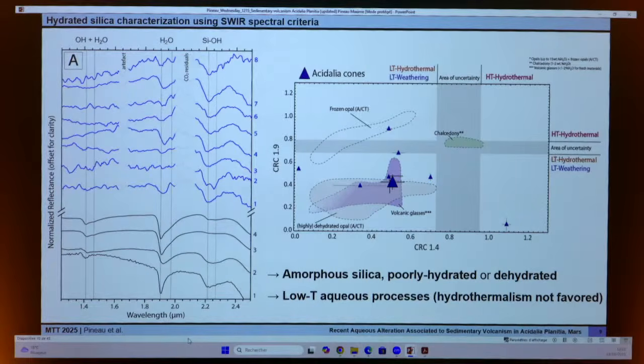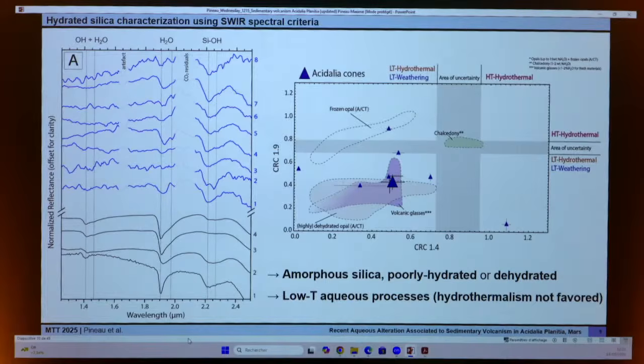What we can see is that the 1.4 and 1.9 absorptions are really weak, almost absent for some spectra, and we have the 2.2 absorption that is well developed and very asymmetric. And this is indicative of amorphous opaline silica that is polyhydrated and/or dehydrated, so silica with minor hydration.